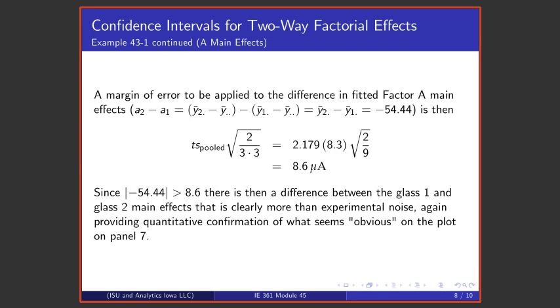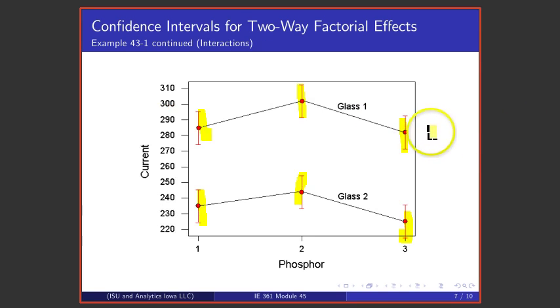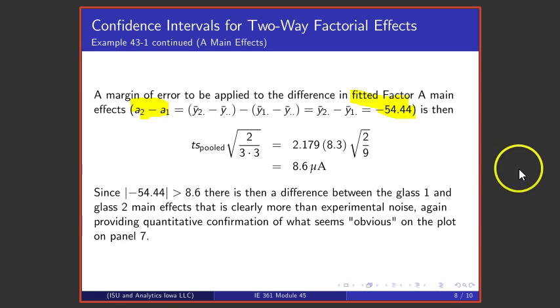If one wanted to apply a margin of error to the difference between fitted factor A main effects, that is, take, for example, A2 minus A1. A2 minus A1 is minus 54.44. We're talking about basically the gap between the row average here and the row average there. It's a pretty good sized gap. One could say, well, that is known somehow to within this margin of error.